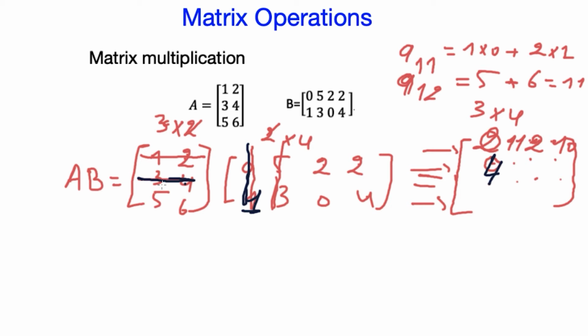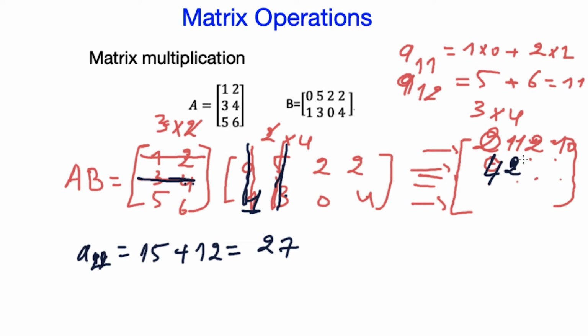And the value in the second row and the second column is the second row times the second column, which is A22: 3 times 5, which is 15, plus 4 times 3, which is 12, so this value is 27.